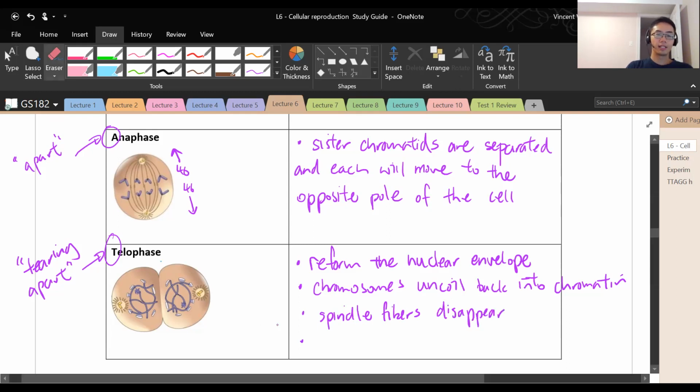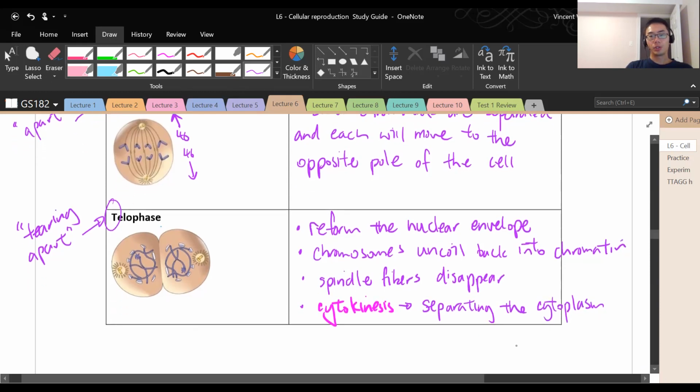And then you have cytokinesis, which is separating the cytoplasm to create two cells. This here is called a cleavage furrow. It's going to go all the way through the cell and cause them to separate. And that is essentially telophase.